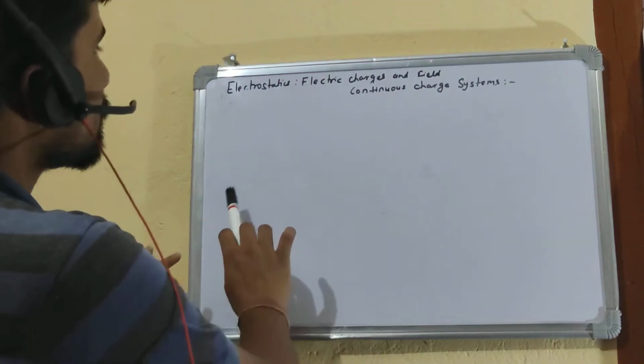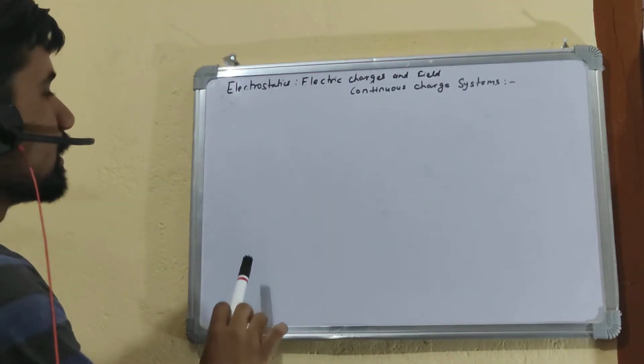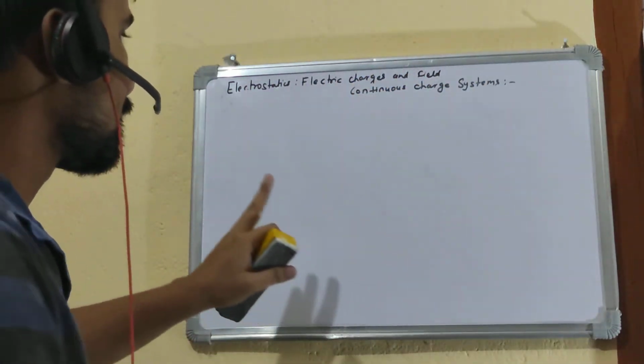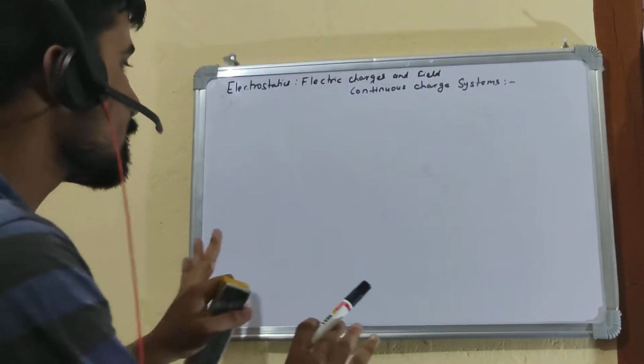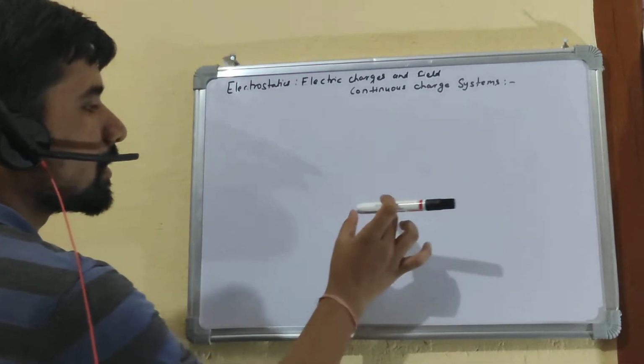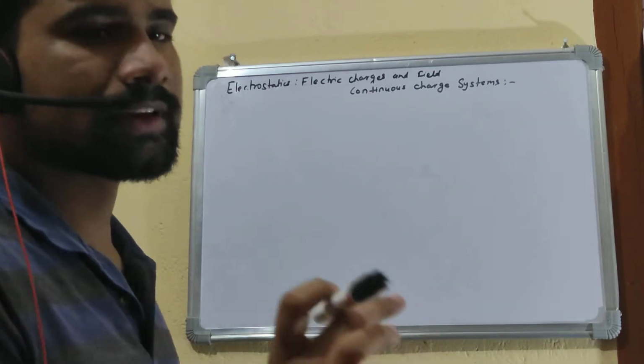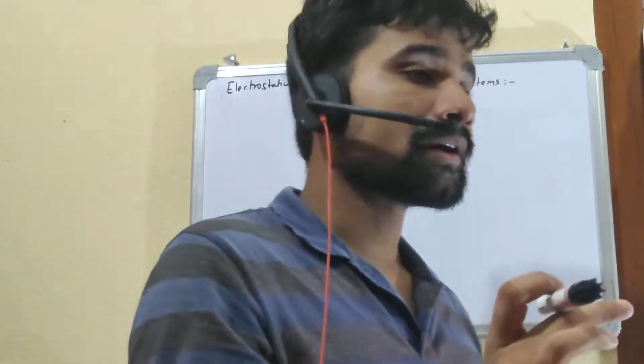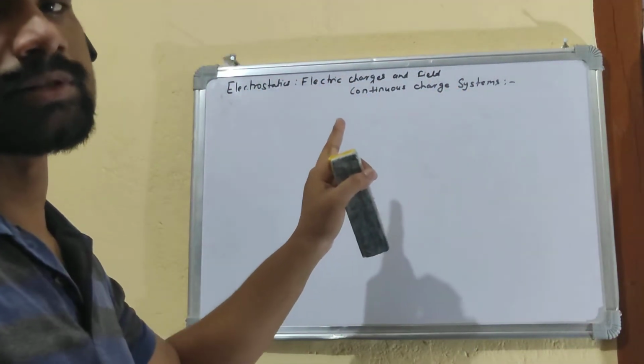So let's talk about this board. Let's say this is a charged board, and it has just an area. If I pick a small area from anywhere in this board, I will get a certain amount of charge, but per unit area, that charge will be constant, right?